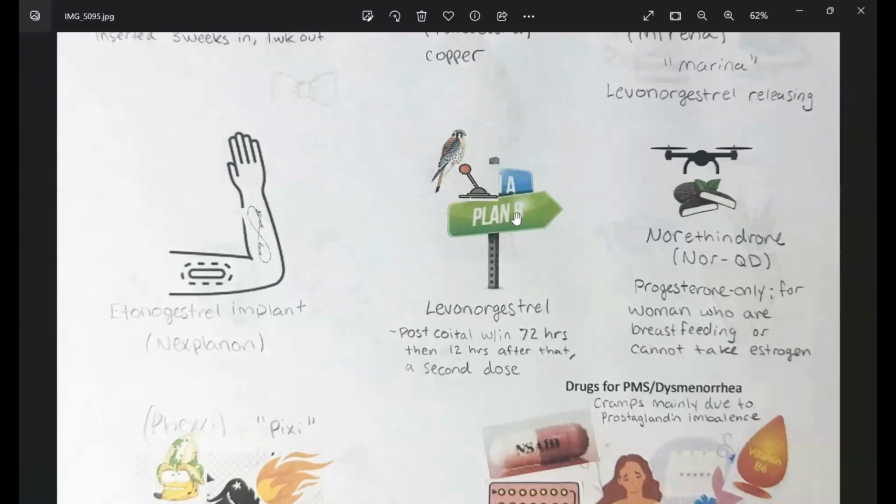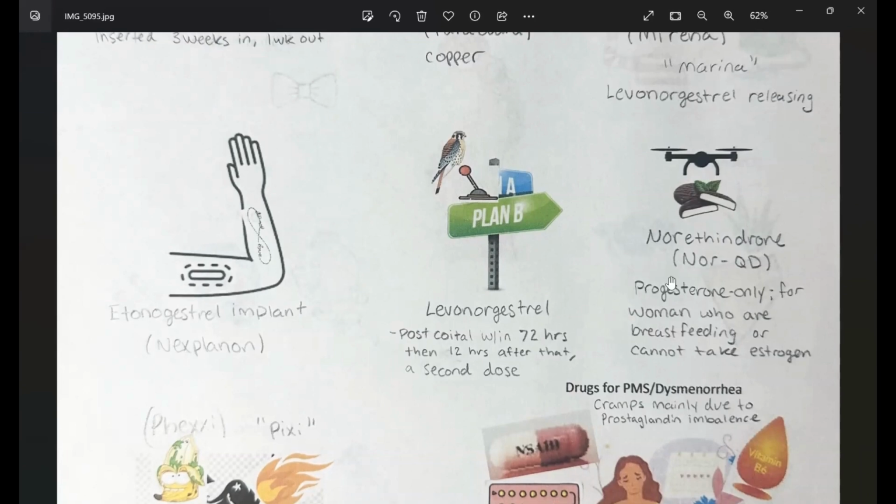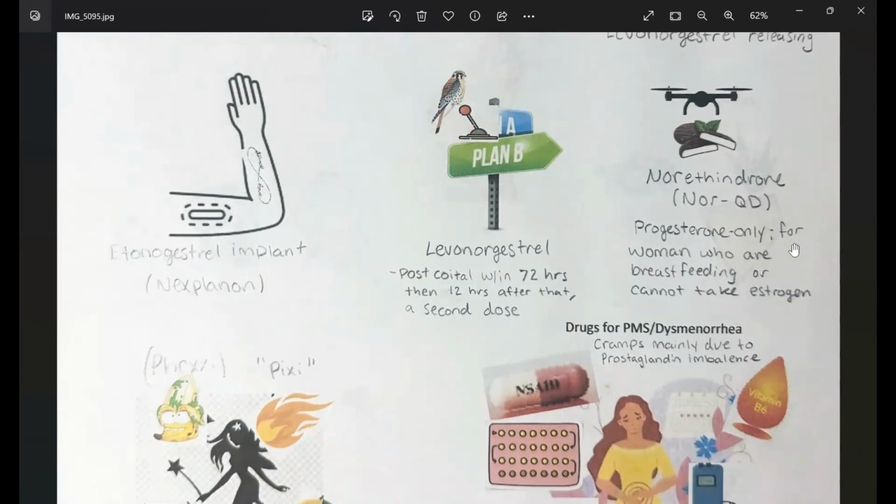Then we have Plan B, which is also levonorgestrel, taken within 72 hours, and then 12 hours after that, a second dose is taken. You can also have progestin only, and the brand name for that is Camila, which is norethindrone. This is only for women who are breastfeeding or cannot take estrogen.